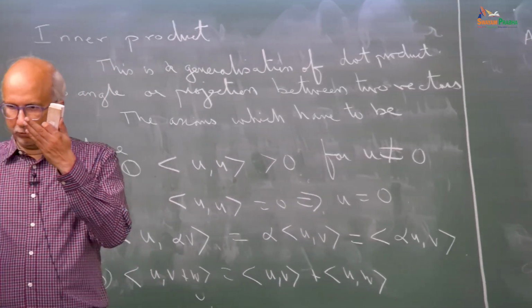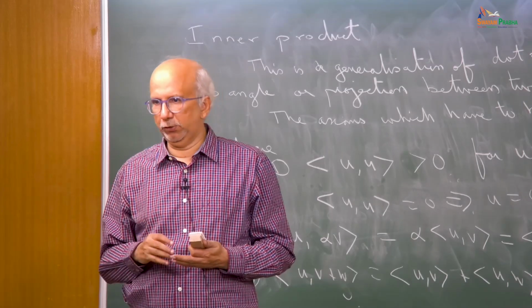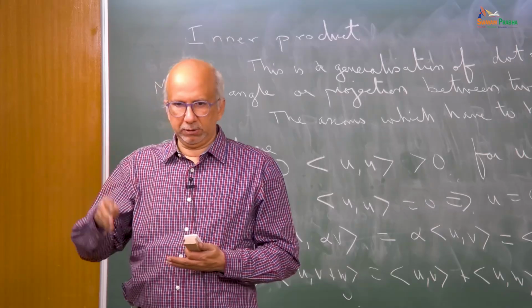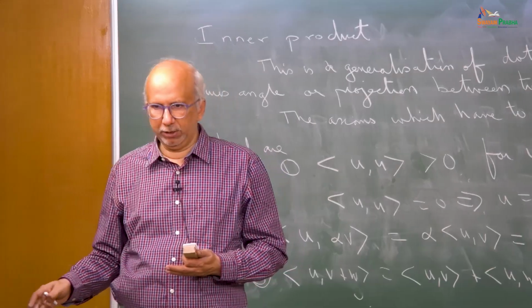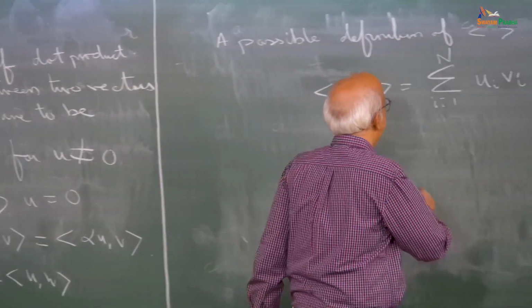You take the same coordinates and take the product, and then you find the dot product. If you have two vectors i, j, k, then the corresponding i's you multiply, add it to the j components, add it to the k components. So, that is basically what I have written here.